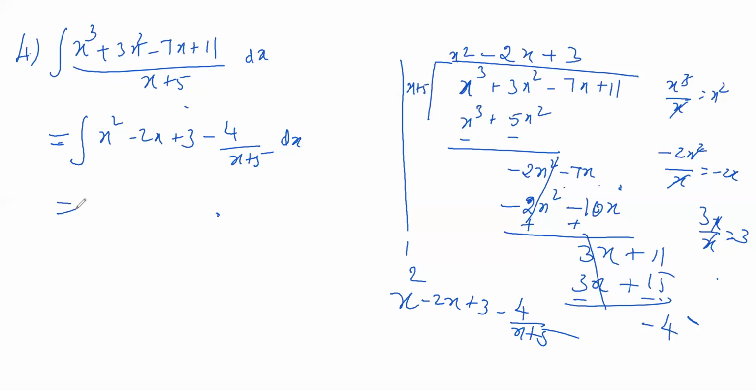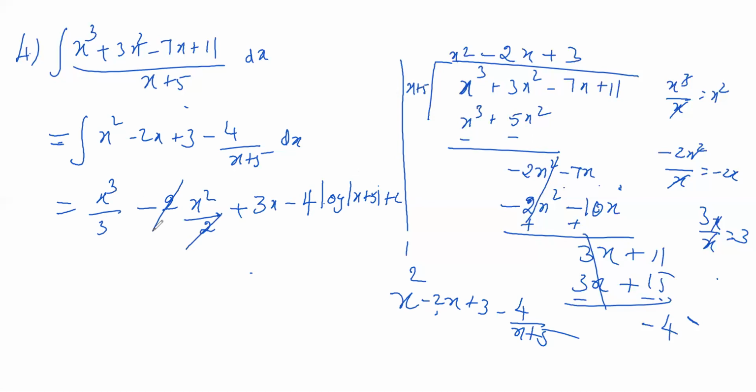And the usual integration: x squared integration is x cube by 3, minus 2 into x integration, x squared by 2, plus the integral of 3 is 3x, minus 4 constant outside, and 1 by x plus 5 integration is log of x plus 5, plus c.